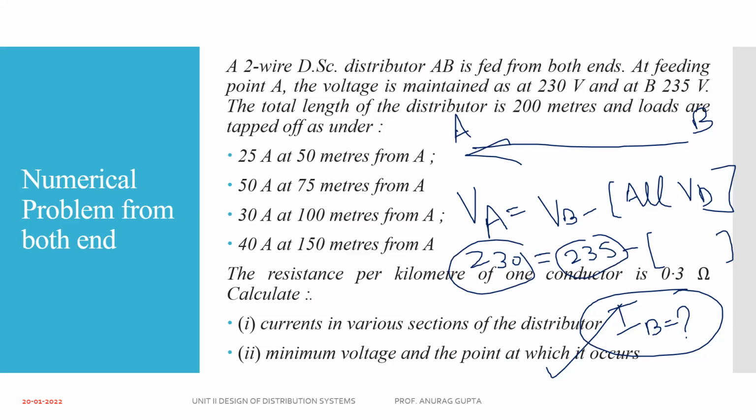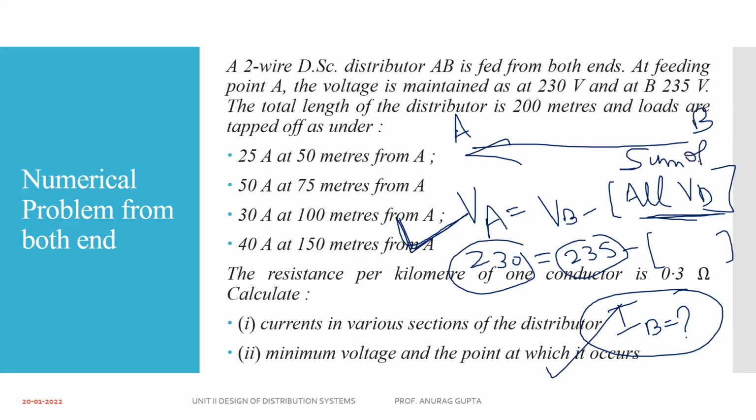The distance already I have told how you can find the resistance of each section. Clear? Then after finding the resistance and current of each section, find voltage drop of each section, then apply this equation: VA equal to VB minus summation of all voltage drops.